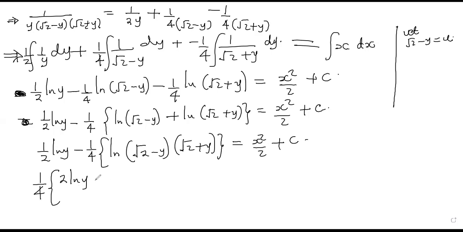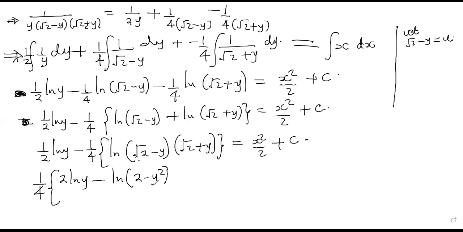So ln y minus, now this one being the same ln, so I will say ln. When you expand this, it will be 2 minus y squared, because √2 times √2 is 2, then y√2 minus y√2 minus y squared.